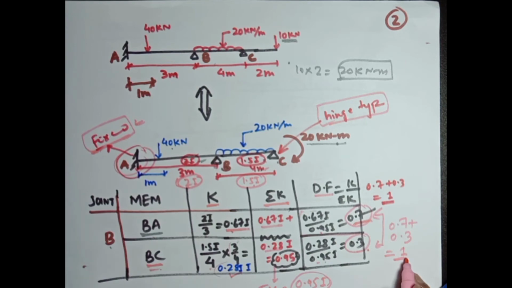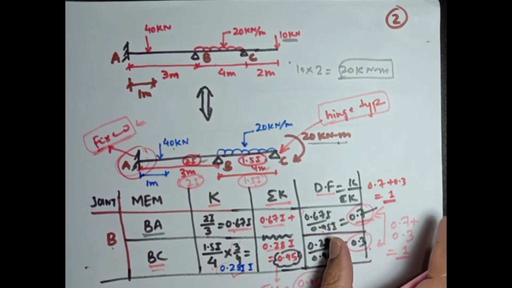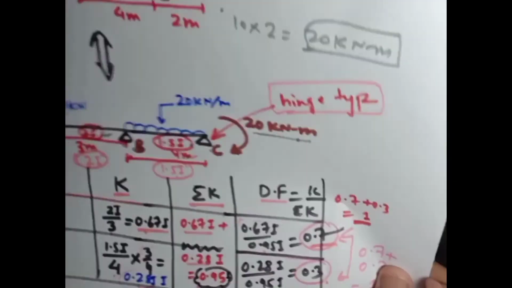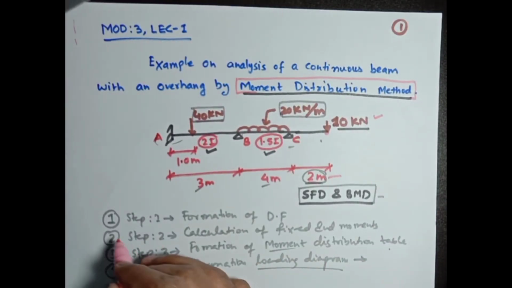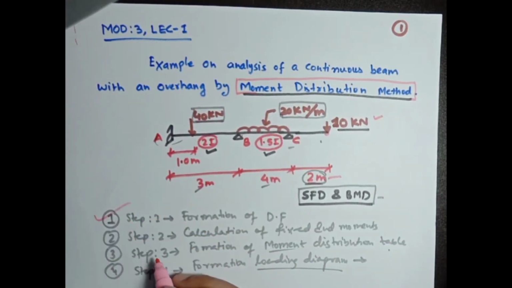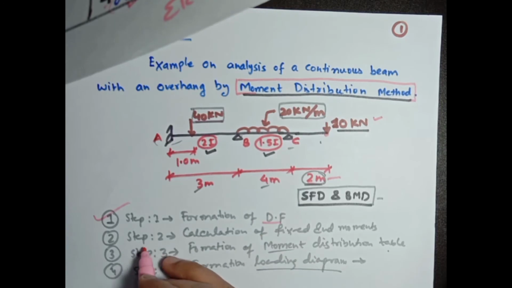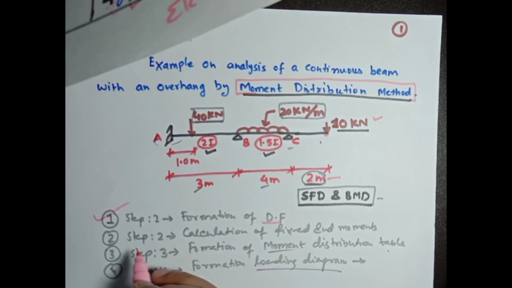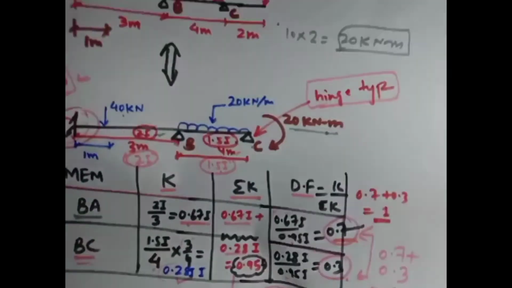Now we are moving to our second step, the calculation of fixed end moment. We are done with step 1, formation of distribution factor. We are going to calculate the fixed end moment with step 2.